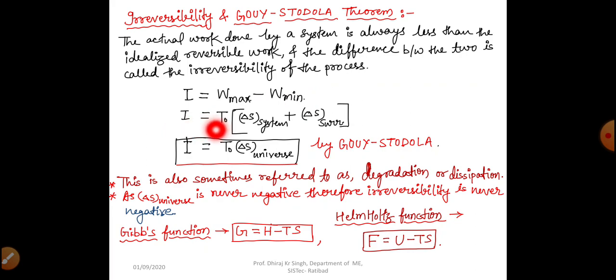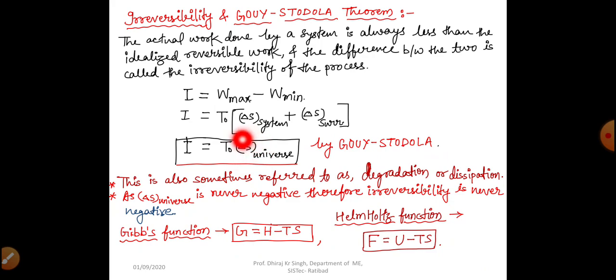So I can also be written as T0 into (delta S system plus delta S surrounding). Delta S surrounding and delta S system together make delta S universe. So irreversibility can also be written as T0 delta S universe, and that expression is given by Guy-Stodola.